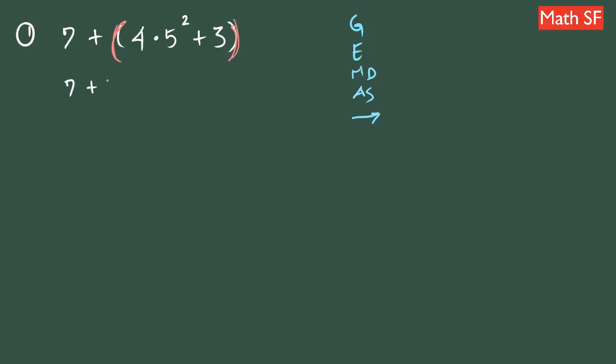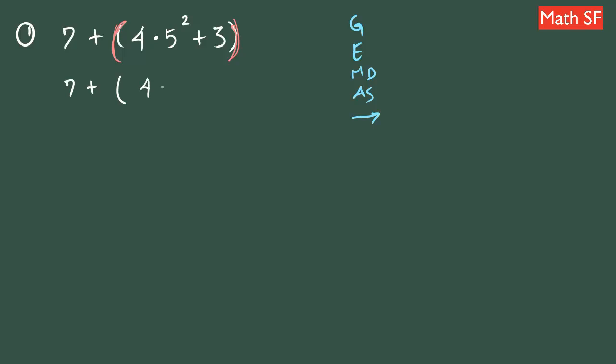I'll copy the rest. Inside the parentheses, I have a multiplication, an exponent, and an addition symbol. What am I going to perform first? Following GEMDAS, you have to do the exponent first. So I'll copy my parentheses again. What is 5 squared? Remember, 5 squared is 5 times 5.